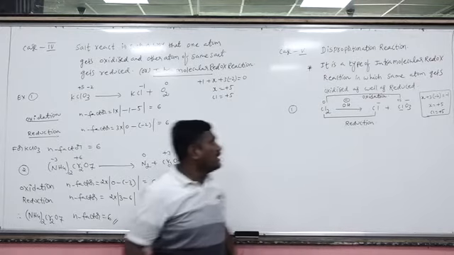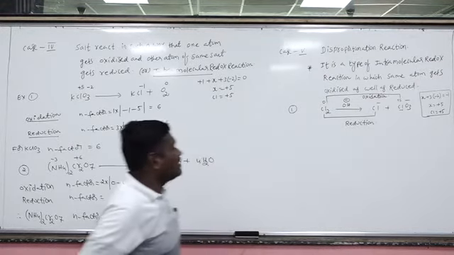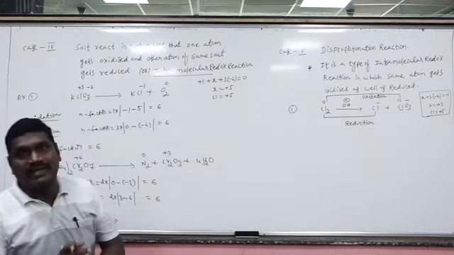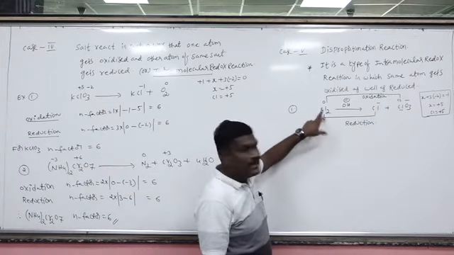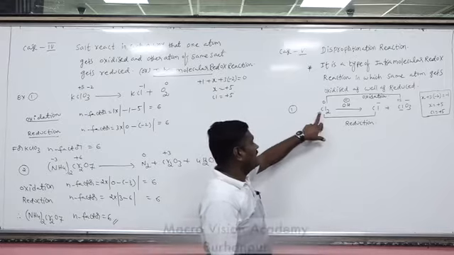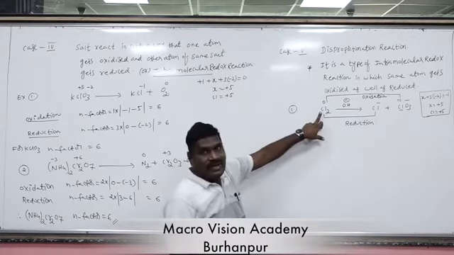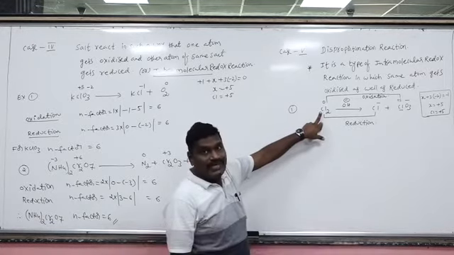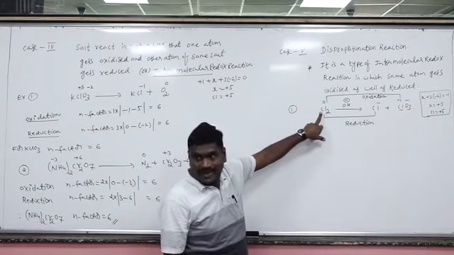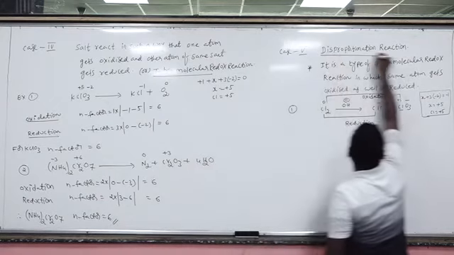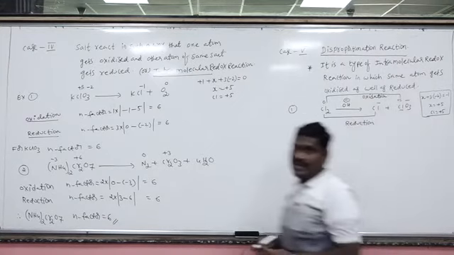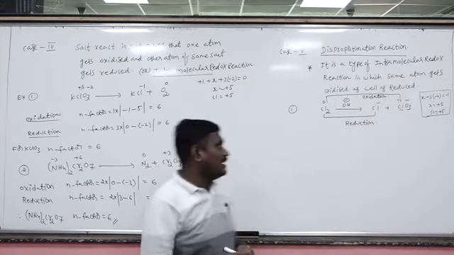That means here chlorine is itself undergoing oxidation and itself undergoing reduction, so chlorine is an oxidizing agent as well as a reducing agent. The reaction in which the same element acts as both oxidant as well as reductant, such a redox reaction is known as a disproportionation redox reaction.